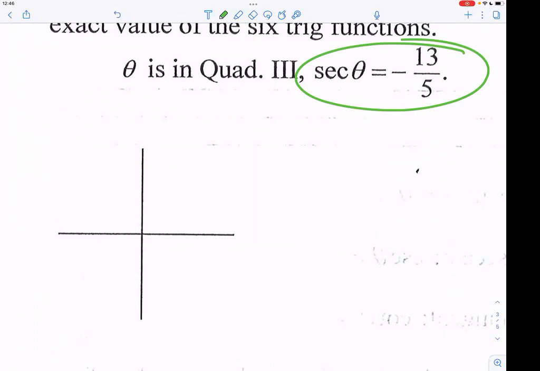Because it's 1 over cosine, and it's in quadrant 3. In quadrant 3, only tangent's positive, so of course secant is negative. And what does the 13 over 5 ratio mean? What does it mean?